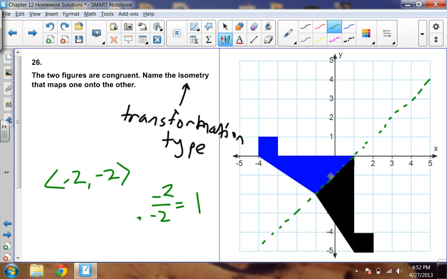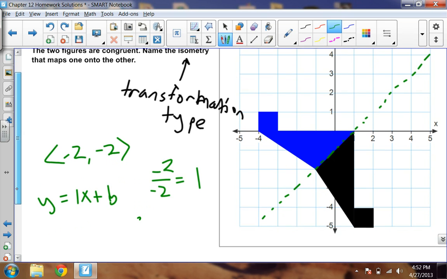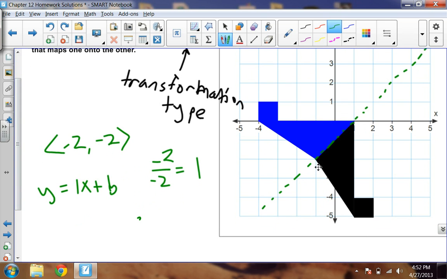So we have to find out what the slope of that line is. The best way to do it is, we have a slope. We have y equals 1x plus b, or x plus b. We have to find out what this y-intercept is. And that can be solved by picking any point that is on this line. Now there's a point right here, which is (1, 0).